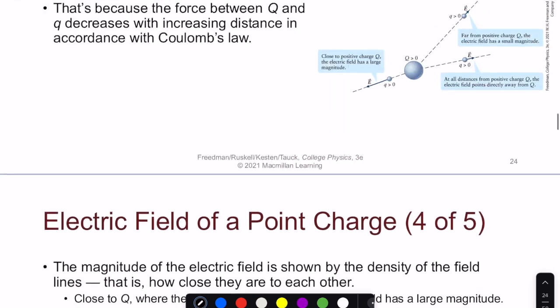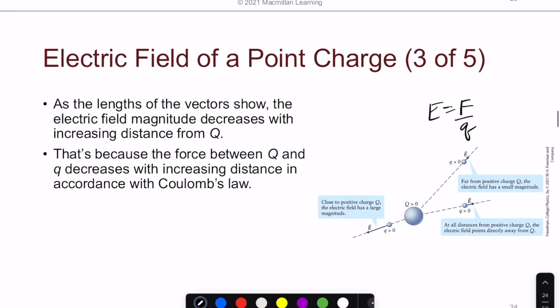And we see that the electric field is also proportional to the distance squared, much like the force is. We already know, actually, we could just do the math right now. We know the force between two charges. We know it as K little q big Q over R squared.